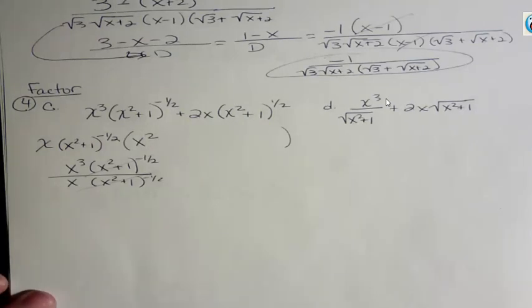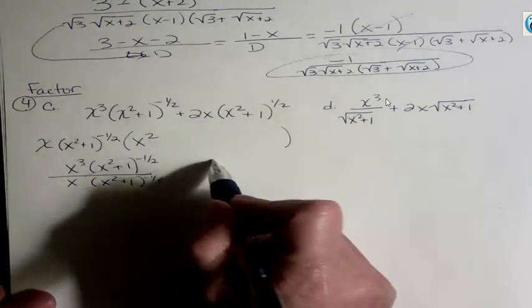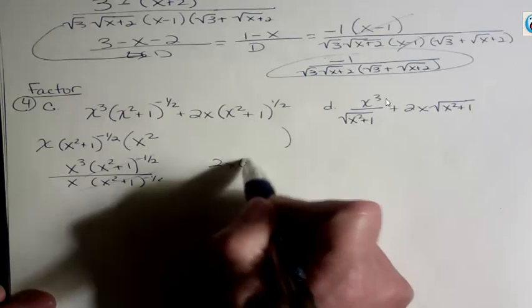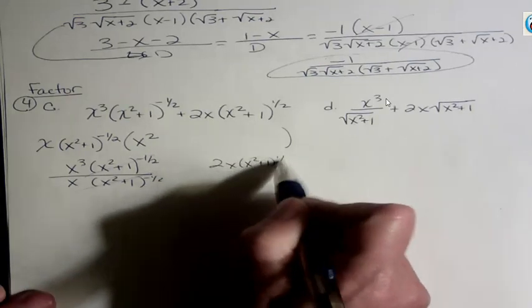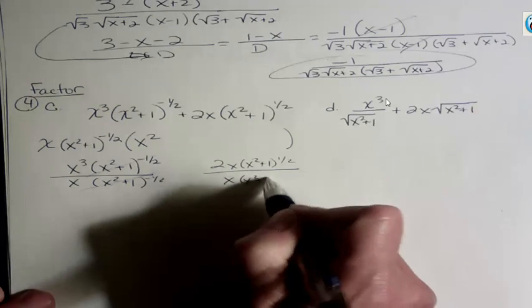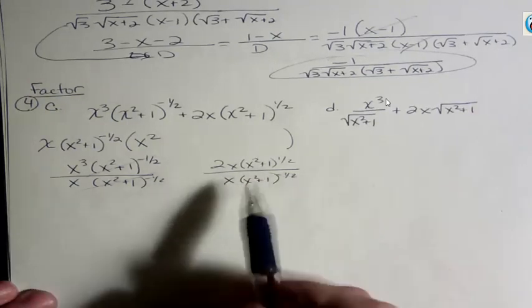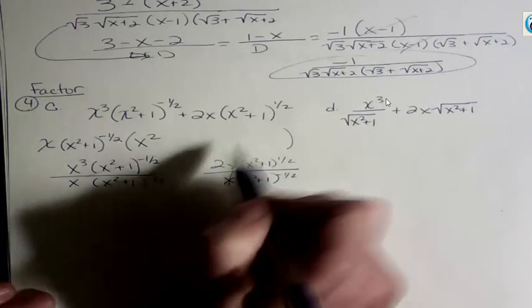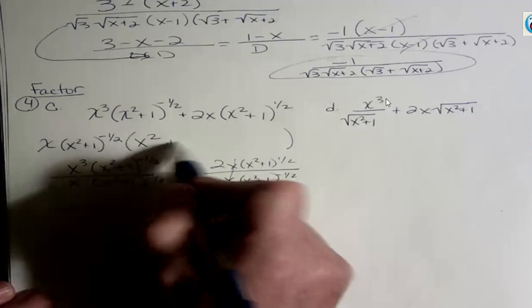Now for the second one, if I'm dividing by x squared plus 1 to the negative 1/2, then my x's go away. This is a plus, so I have 2.